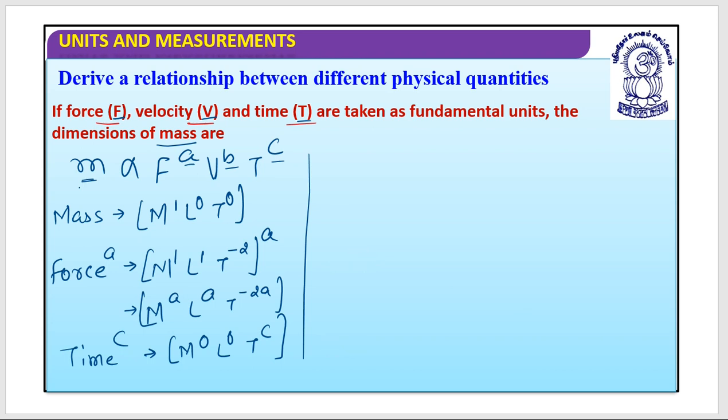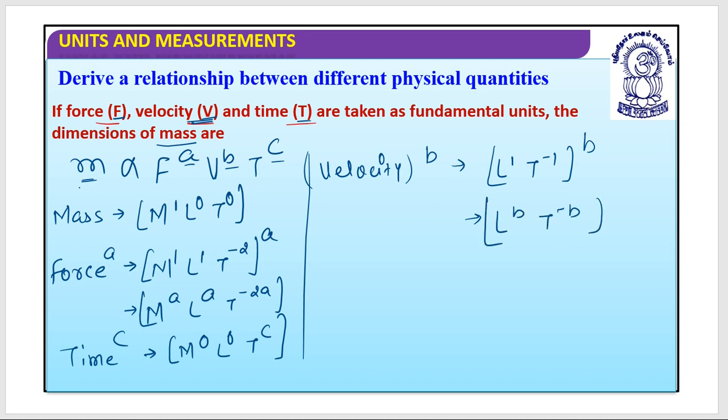We have not written about the velocity. So velocity to the power B. What is velocity? It's in meter per second. Meter is L1, second is T to the power minus 1, to the power B. So this is L to the power B, T to the power minus of B. This is velocity to the power B.